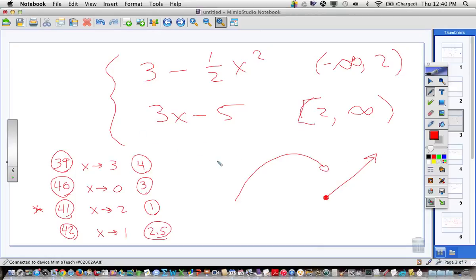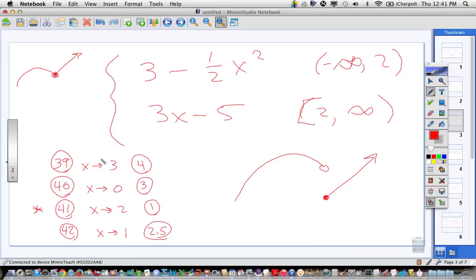Or is it possible that our graph is this, and then the line takes off and goes like that? Now, does it matter? It matters in a big way, because if it's this, then what's the limit? It's whatever that point is, right? If it's this, what's the limit? Does not exist, right? So if the parabola is coming into 2, and of course we don't include the 2, but that just means there's an open circle, and then the line takes off.